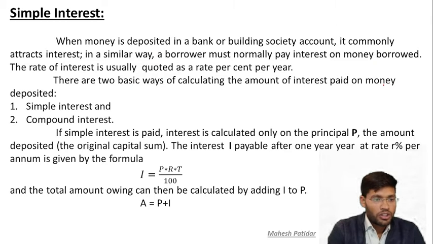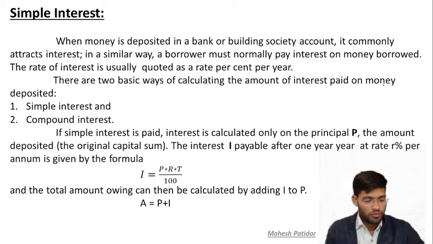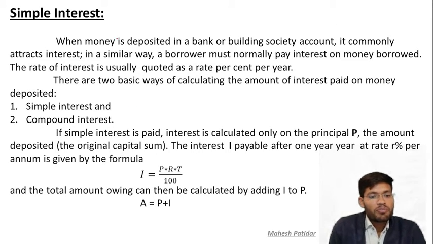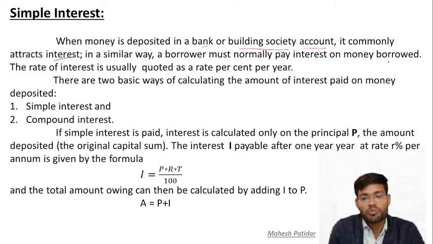Okay. Now what is simple interest? When money is deposited in a bank or building society account, it commonly attracts interest. In a similar way, a borrower must normally pay interest on money borrowed.